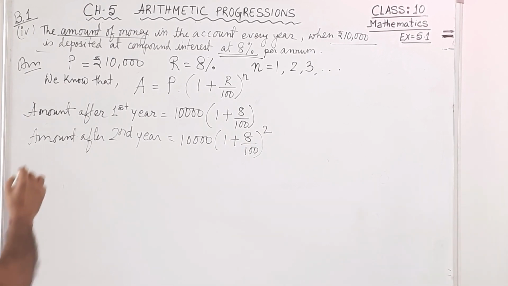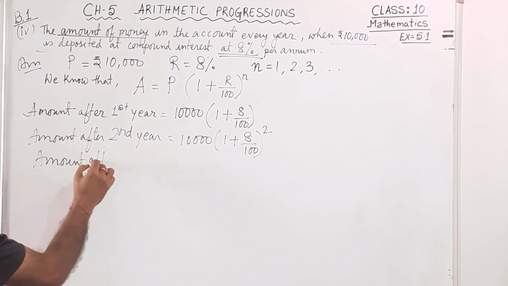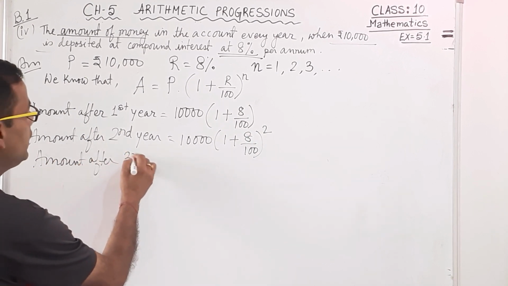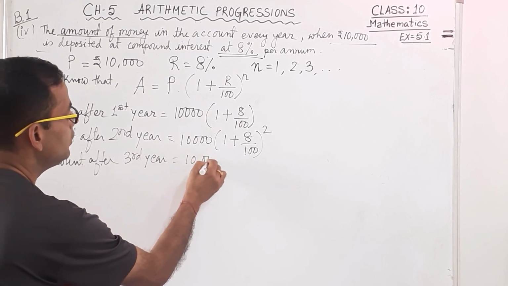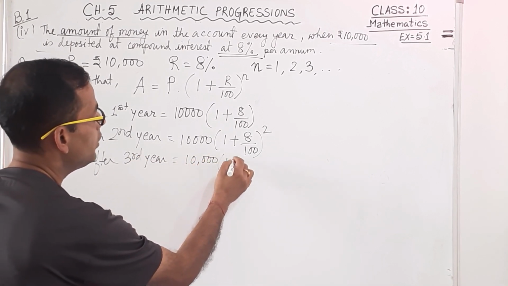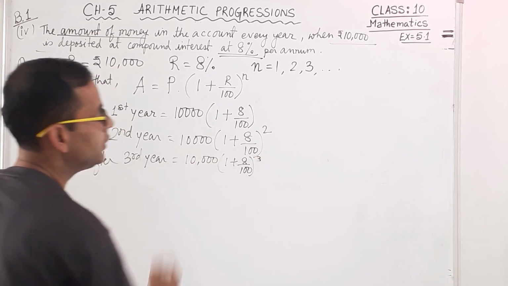Okay, then next amount after third year. 10,000, 1 plus 8 by 100 to the power 3.